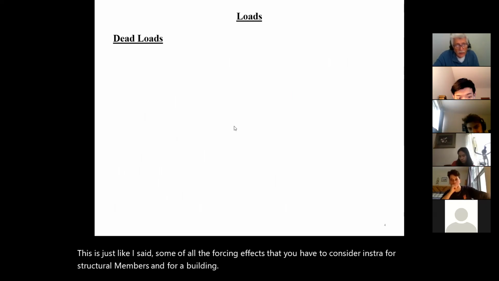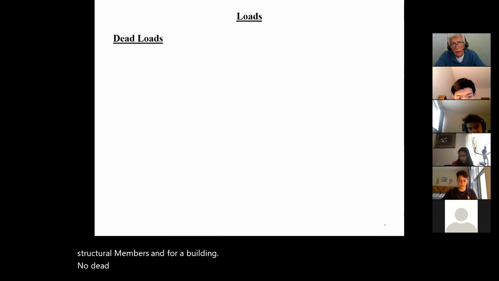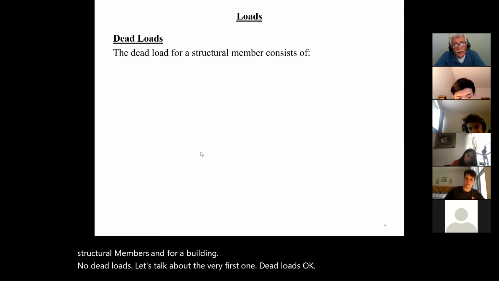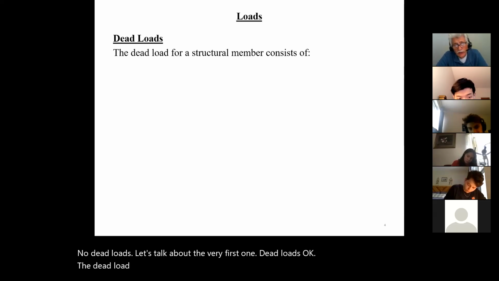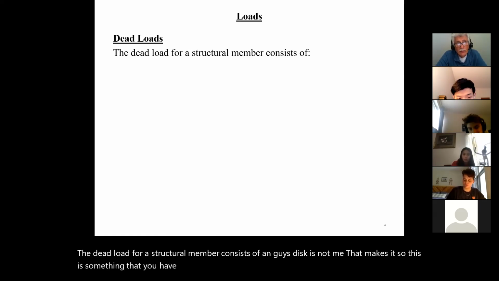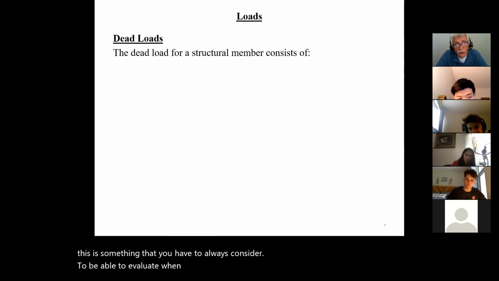Now, dead loads. Let's talk about the very first one, dead loads. The dead load for a structural member consists of, and this is not something I make up, things you always have to consider when calculating the dead loads for a structure.